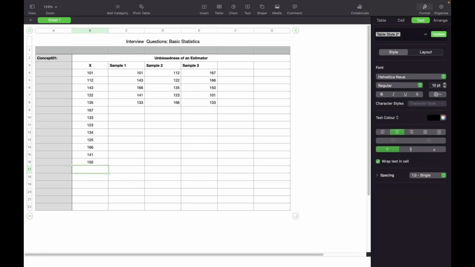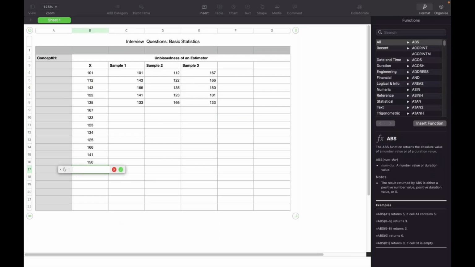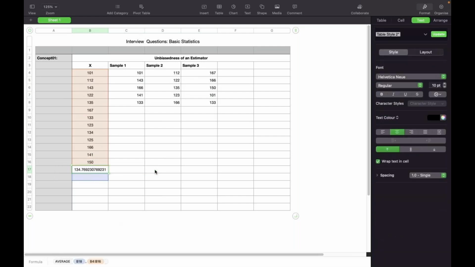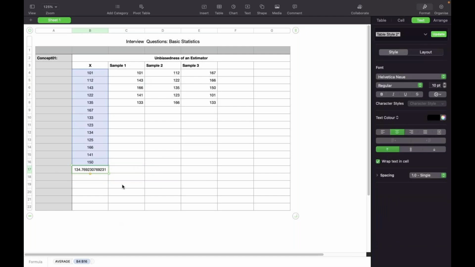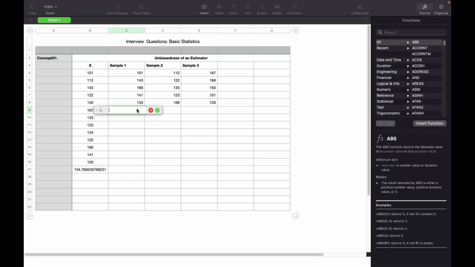Now this has an average over here, right? So the average is 134, right? Now what I have done is I don't know what this population average is. I don't know the population average, right? That's unknown.